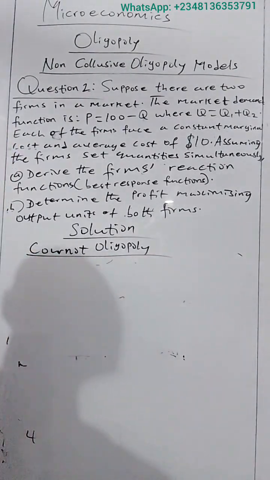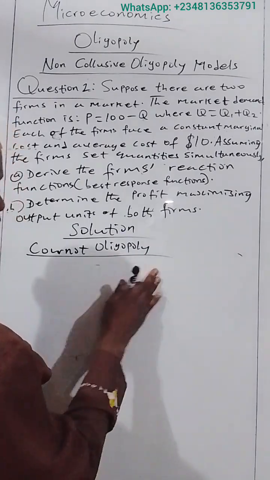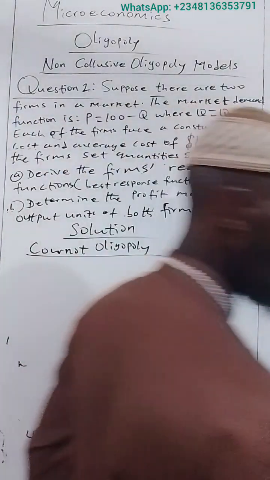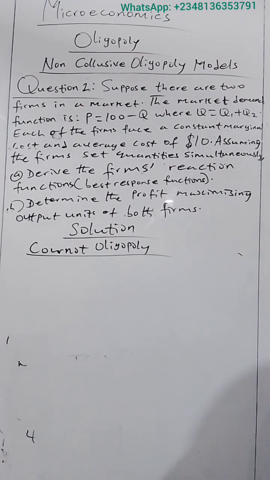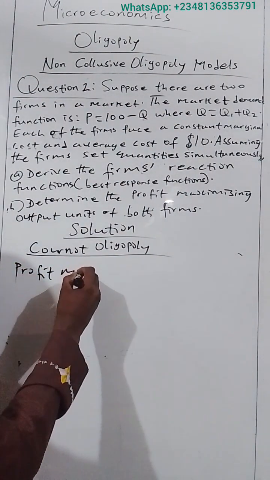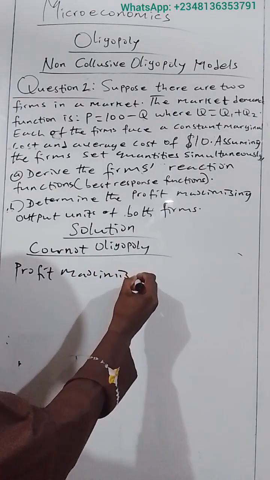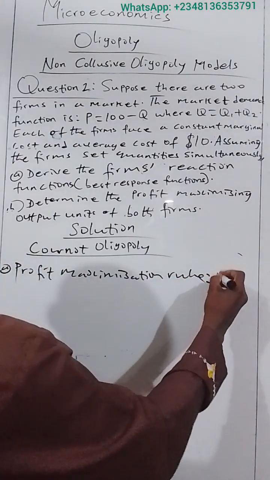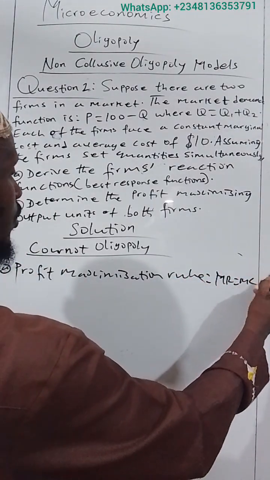To determine the firm's reaction functions, what are you going to do? We are going to recall the profit maximization rule. Don't forget the profit maximization rule. It tells you that MR is equal to MC.